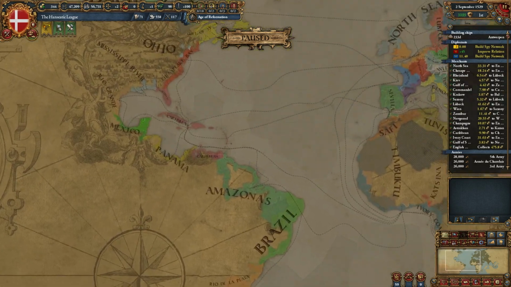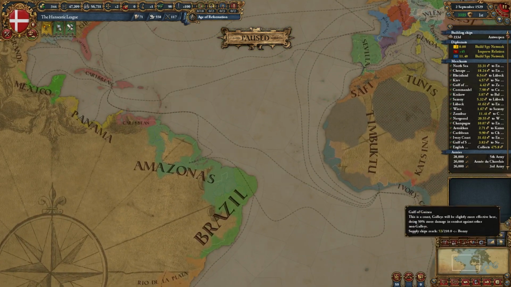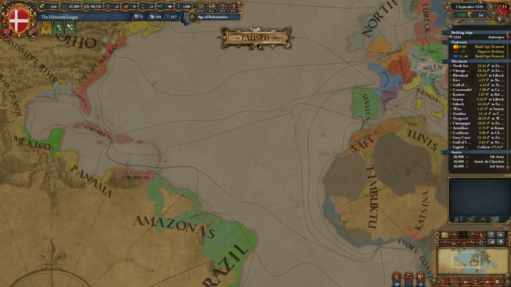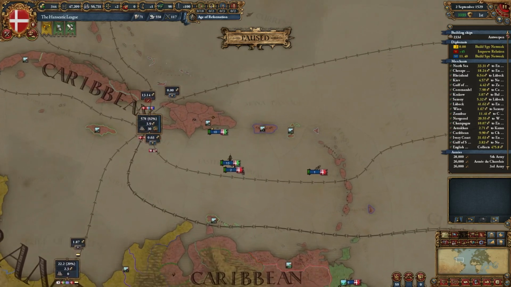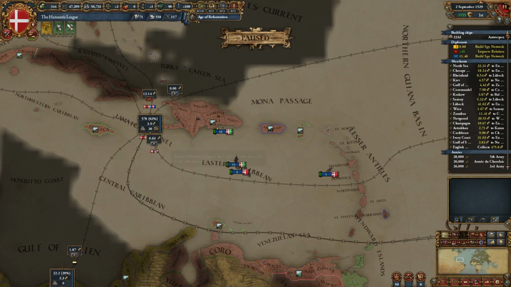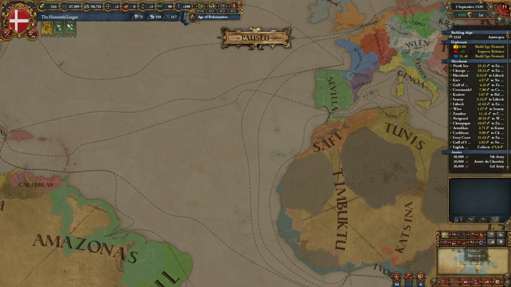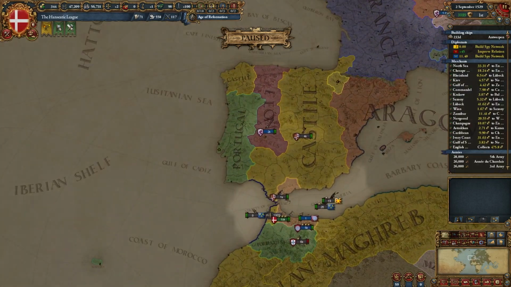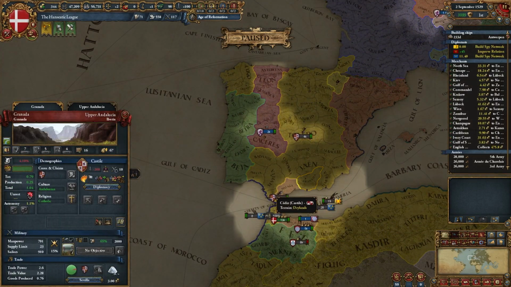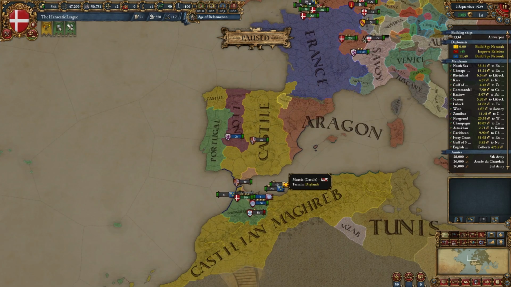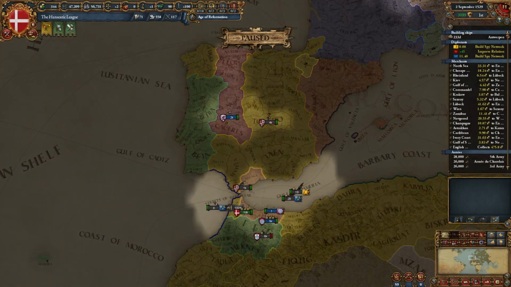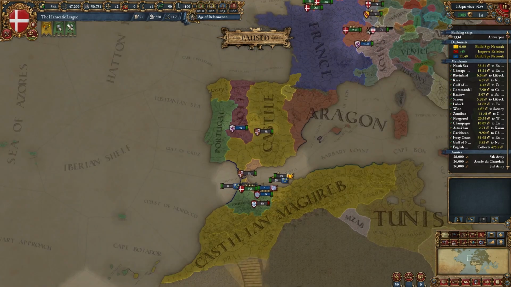But I plan on transferring from the Ivory Coast to the Caribbean later for a longer trade way, and therefore I don't want to lose a portion of that to Castile and Portugal, and therefore I need to conquer all of their coastal provinces so that they are not able to send a merchant because it's too far away for them.